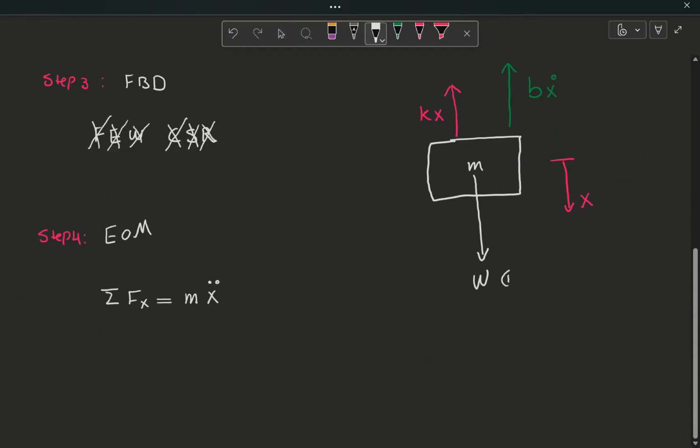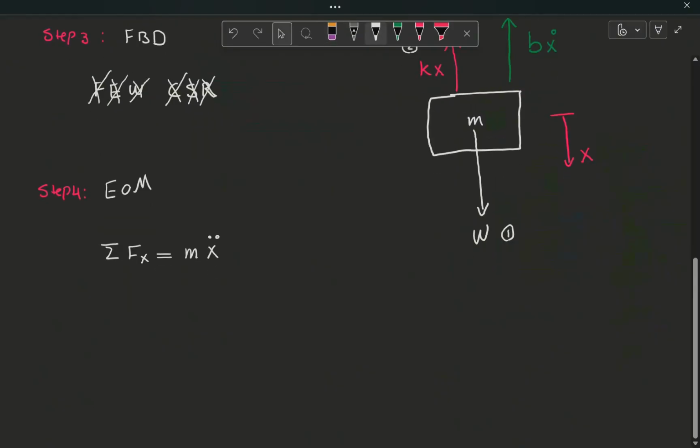I see 1, 2, and 3. Correct. Now, look at W. W is in fact in the positive x direction. However, b x dot and K x are pointing towards the negative x direction. Okay, so we bring them with their signs. W is positive. Those two are negative.